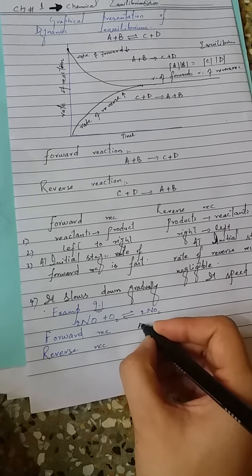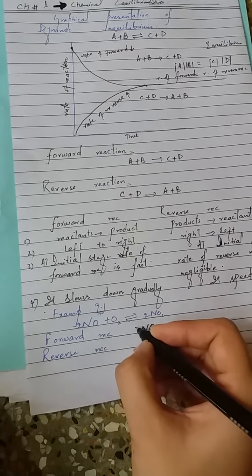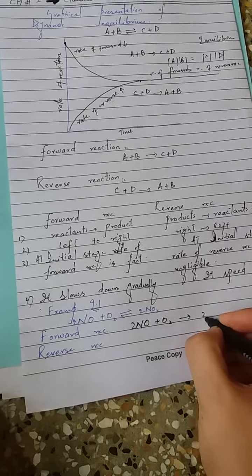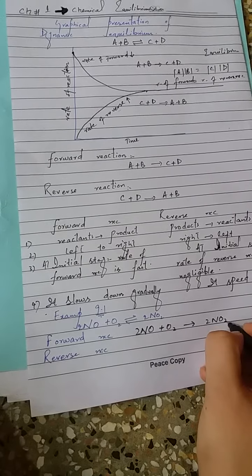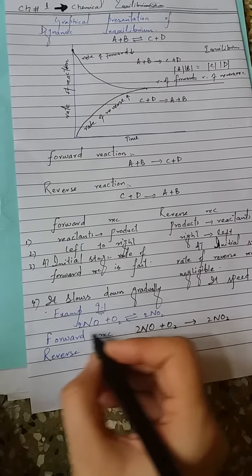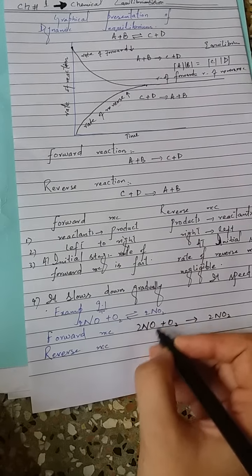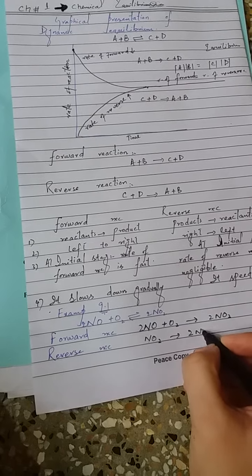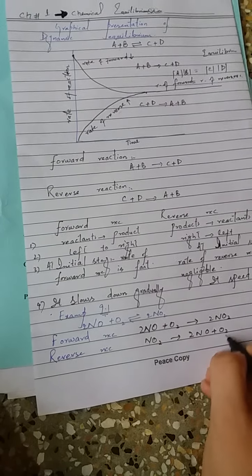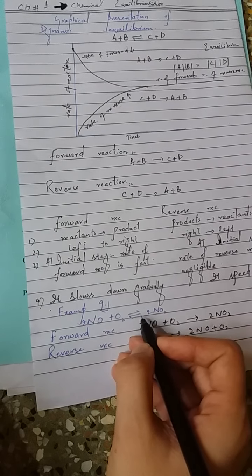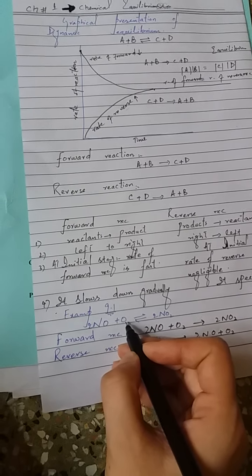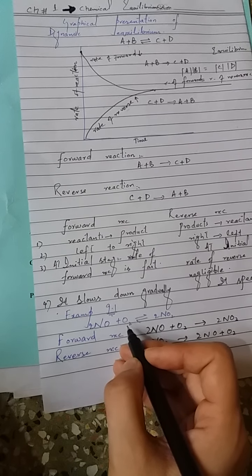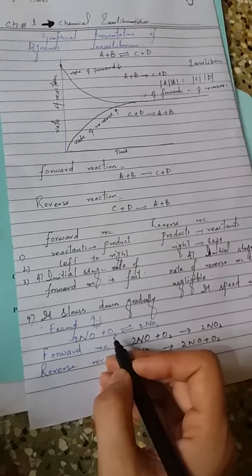The forward reaction of this reversible reaction can be written as 2NO plus O2 gives 2NO2, whereas the reverse reaction can be written as 2NO2 gives 2NO plus O2, because nitrogen dioxide decomposes into nitric oxide and oxygen in the reverse reaction.